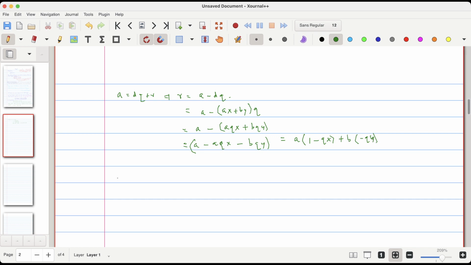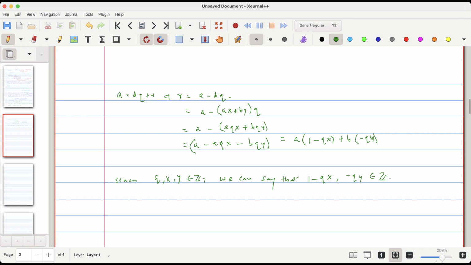Now, since Q, X, B, Y, all of them are integers, we can say that 1 minus QX and minus QY, these two are also integers, right?